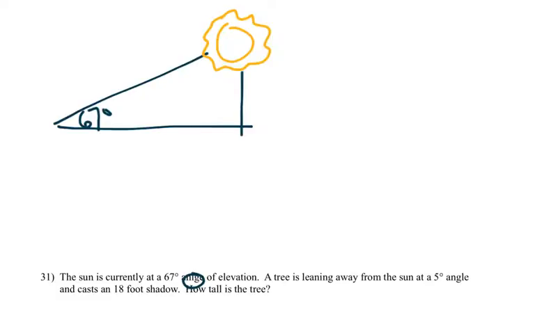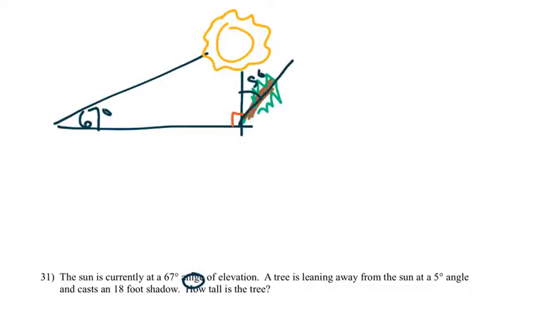It says a tree is leaning away from the sun at a 5 degree angle and casts an 18-foot shadow. So the tree's here at a 5 degree angle away from the sun. I'm assuming that's what it means, away from the sun. This would be a 90 degree angle.